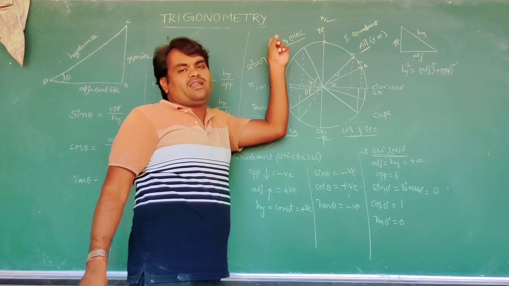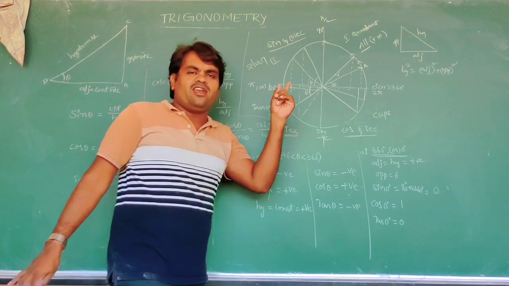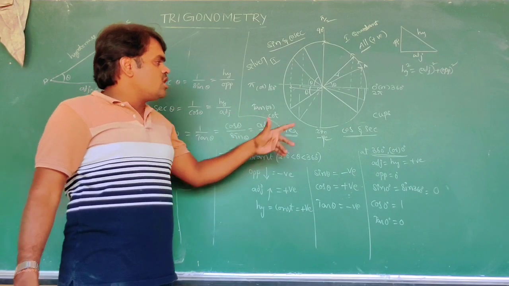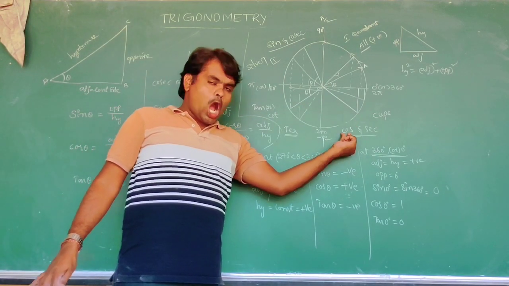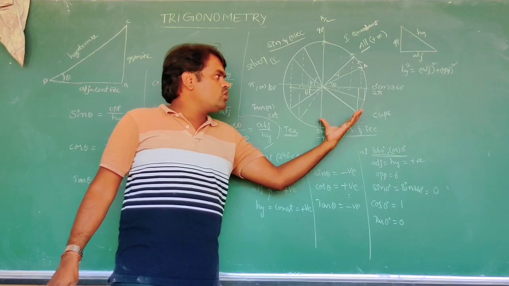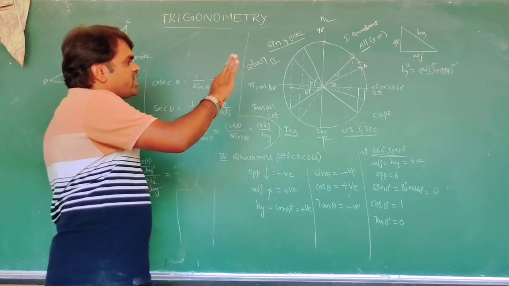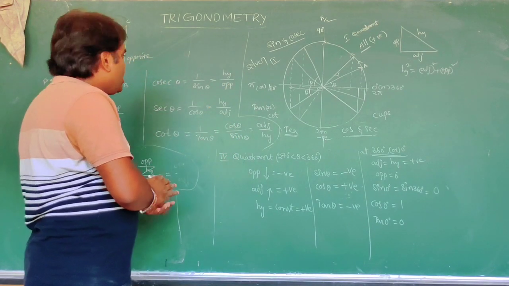Silver means sine and cosecant are positive. Tea means tan and cot are positive. Cups means cos and secant are positive. The remaining are all negative. This we can understand very easily.